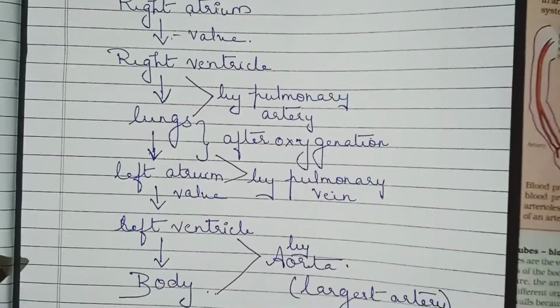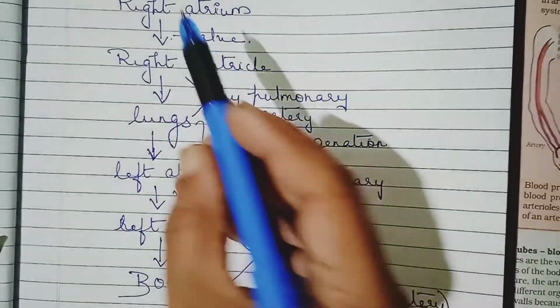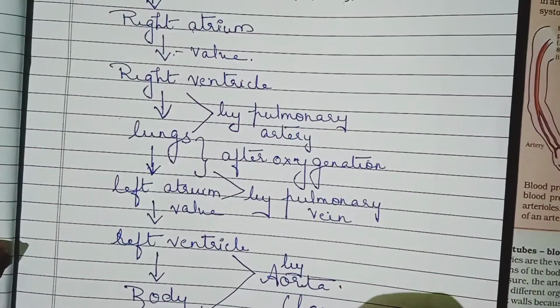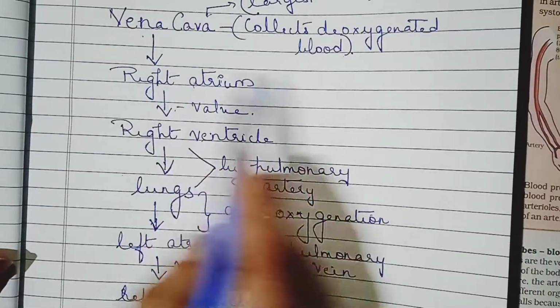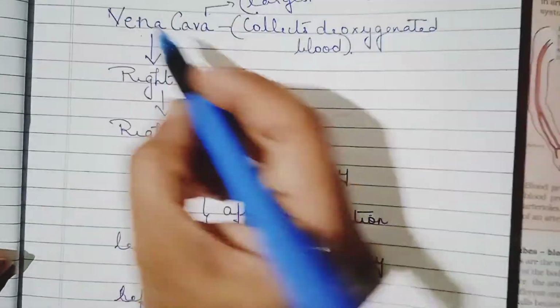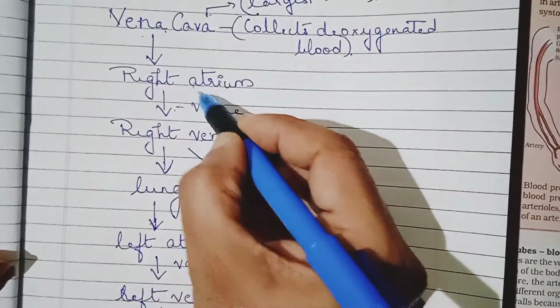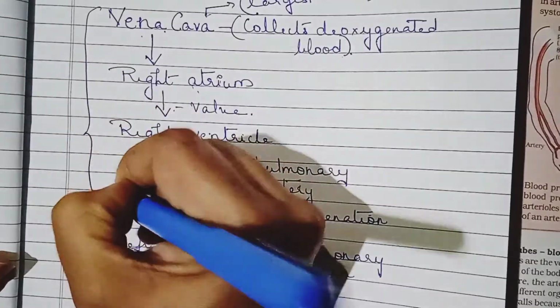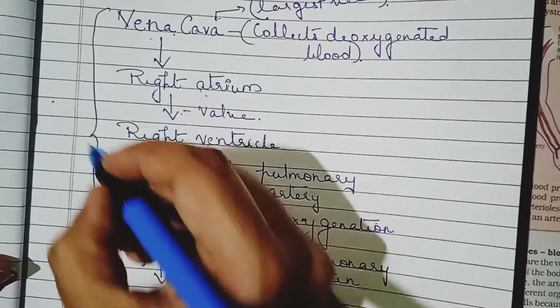So here, I hope you are following. This is a very simplified way I have written for you. This is just like a flow chart. From the vena cava, right atrium, right till here, this will be the deoxygenated blood.